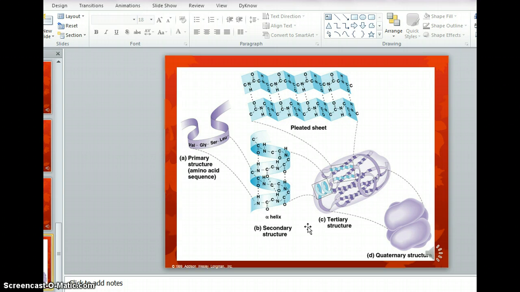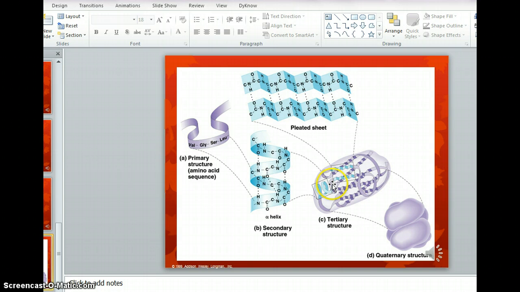Primary structure is the order of amino acids. The type of amino acid will control how that strand folds into either a helix, which is sort of this twisty shape, or a pleated sheet. So these are called secondary structures, and these shapes are in blue. The tertiary structure describes how the different parts of a polypeptide chain, the helices and pleated sheets, are all folded together to make the polypeptide.